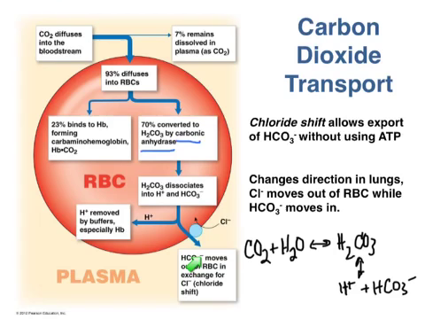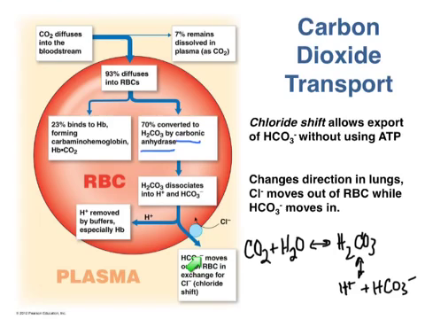So since this carbonic acid is formed in red blood cells, it's the bicarbonate that is moved out to the plasma. And bicarbonate actually helps stabilize the blood pH, because bicarbonate can act as a buffer.